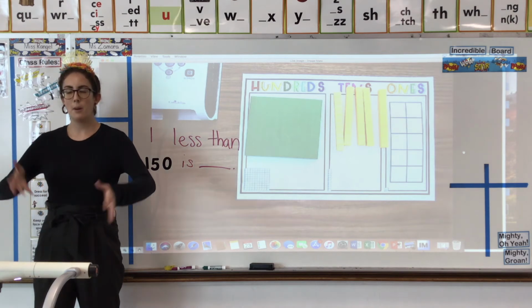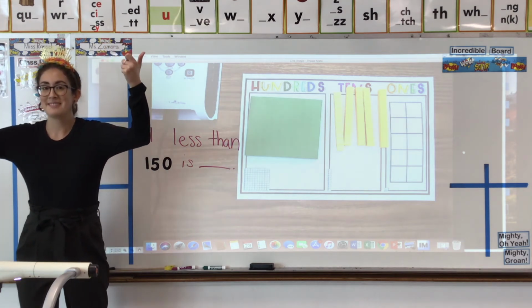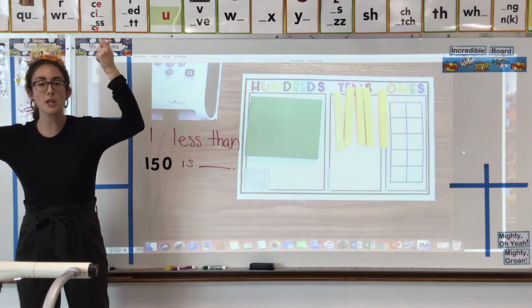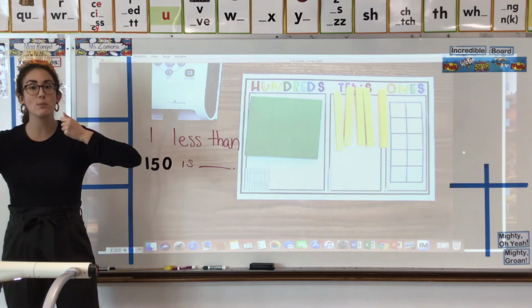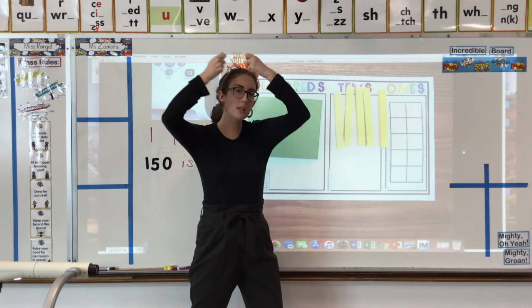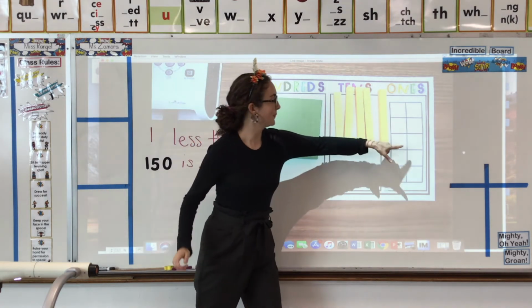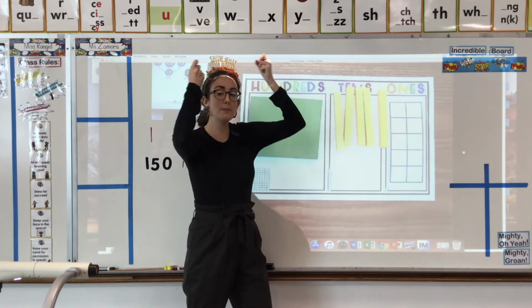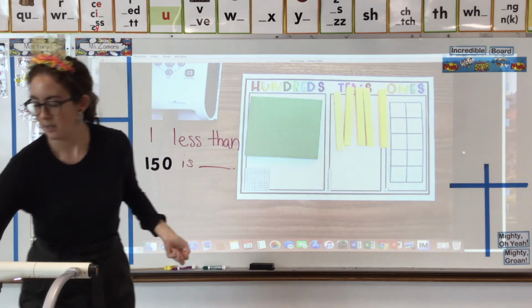What do we need to do? We need to unbundle a larger unit. In this case, what would that be? If we want ones, what would our larger unit be? A 10. So we need to unbundle a 10.